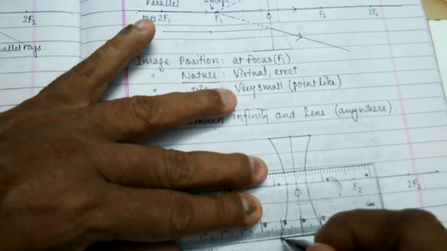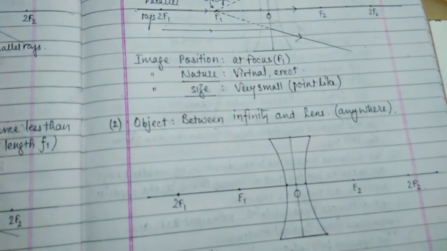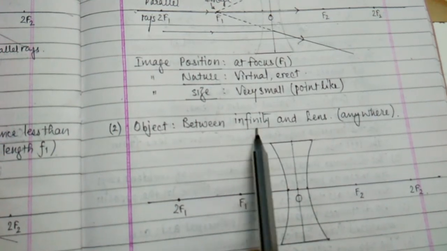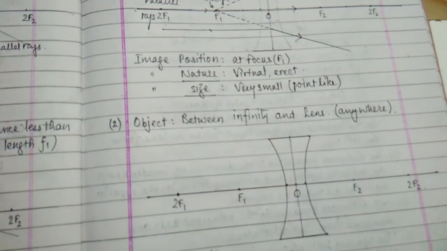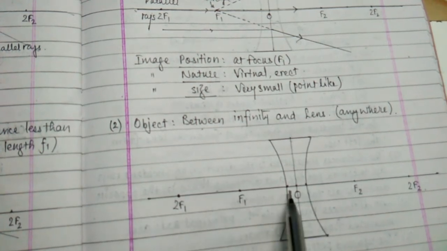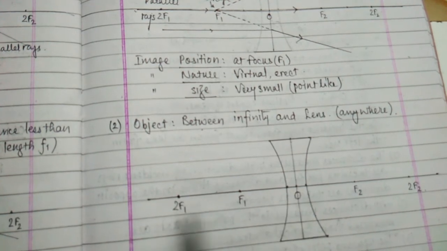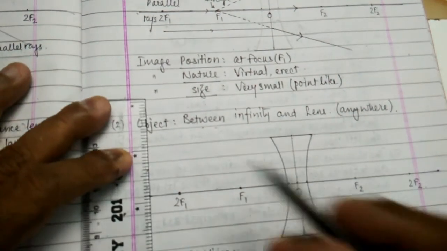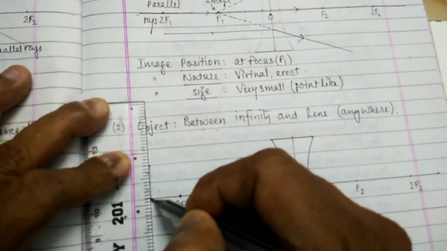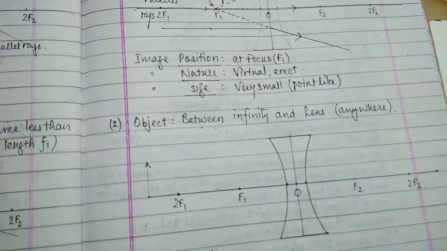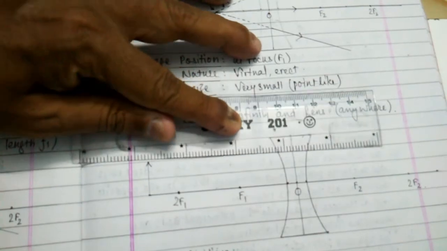concave lens. Now the object is between infinity and the lens. So anywhere on the principal axis, left side of the lens. Suppose I place the object here. Now first law.